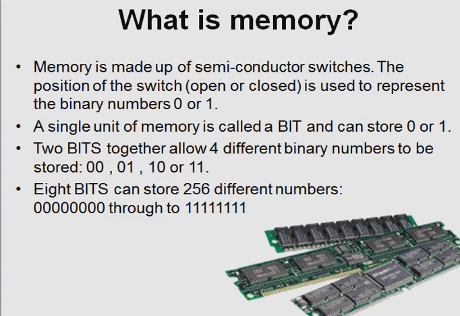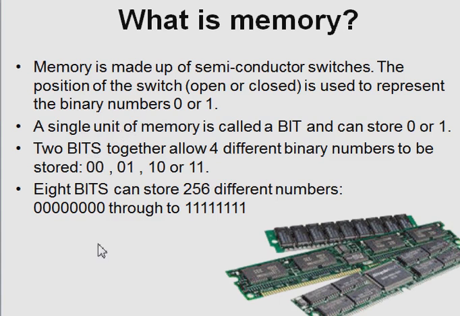A bit can be either 0 or 1. As I have told you, a computer stores the data as either 0 or 1. So the smallest unit in which the computer saves our file is a bit.